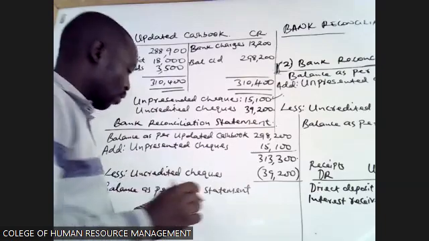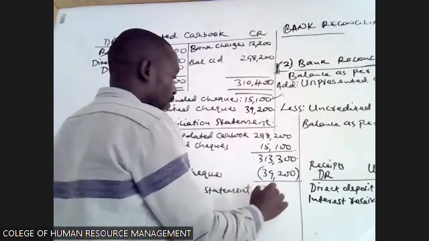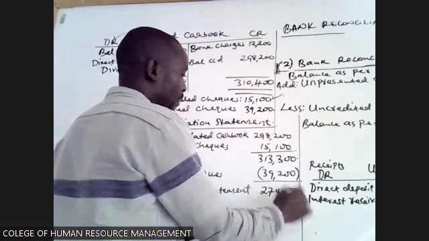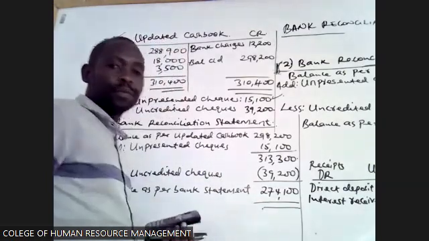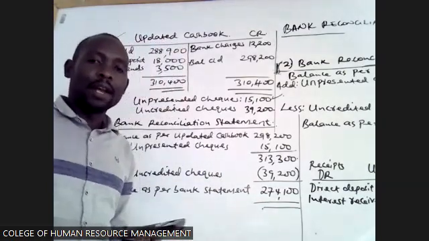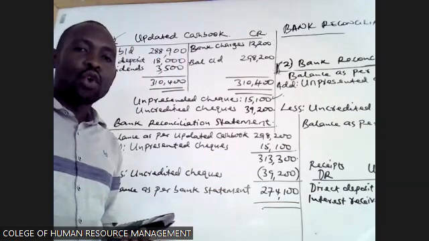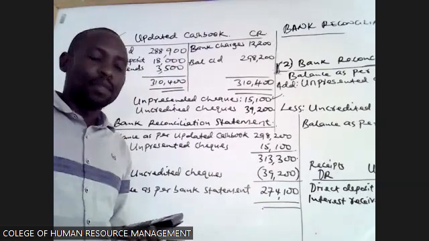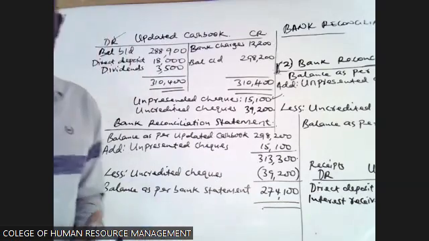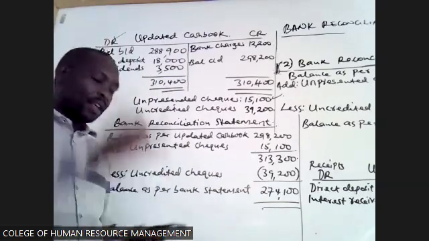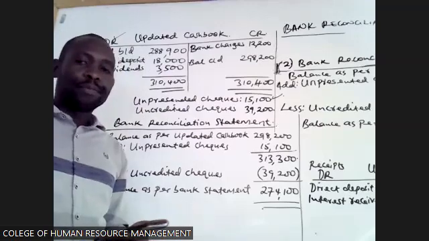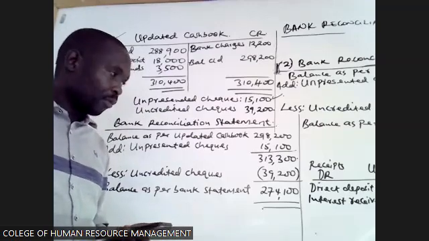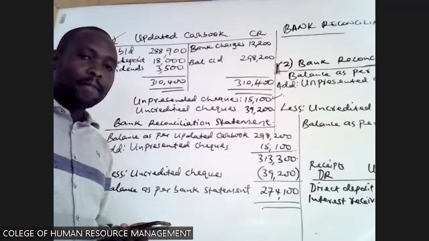What do you get? 274,100. You compare with the closing balance in the bank statement. Go to the balance column of the bank statement, the last figure down there. It is how much?